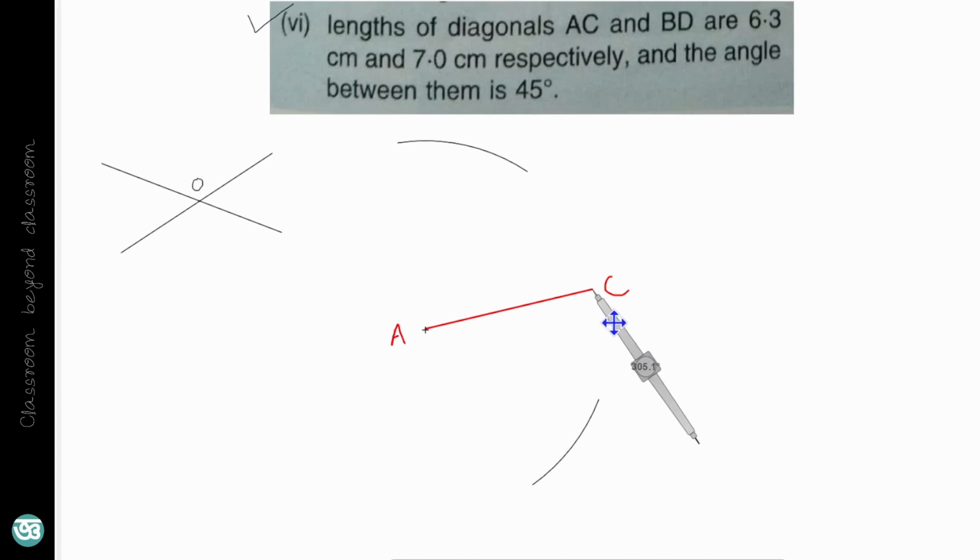Then again from point C, draw another arcs to bisect the previous arcs. If we join this, then we'll get the perpendicular bisector of AC. So this is perpendicular bisector of AC. The point of bisection is O. So AO is equal to OC.